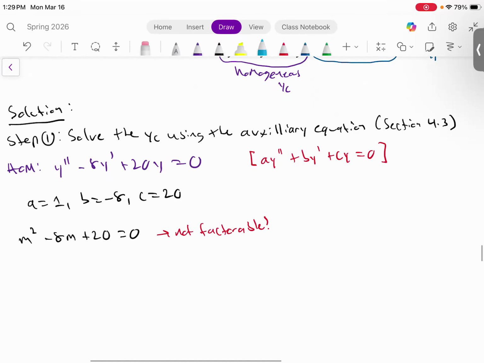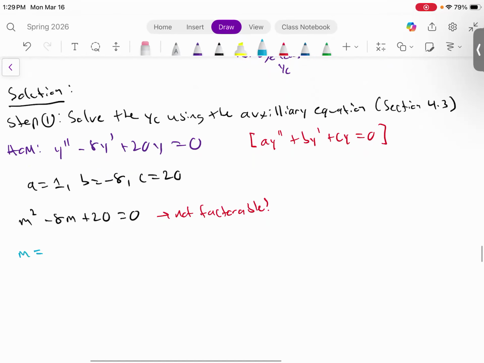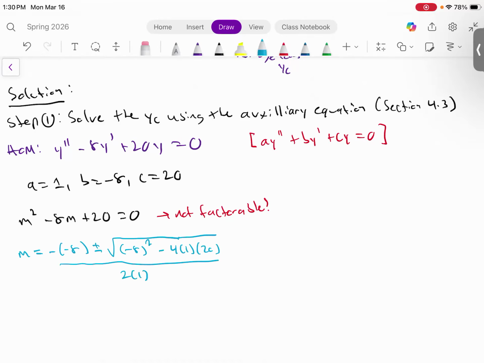We would say m equals negative, excuse me, negative 8 plus or minus the square root of -8 squared minus 4 times 1 times 20, all over 2 times 1. So not factorable, use quadratic formula.